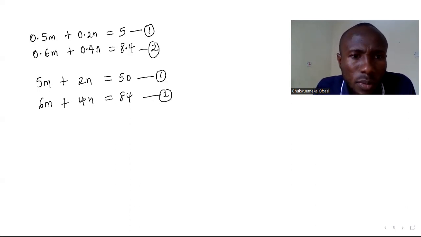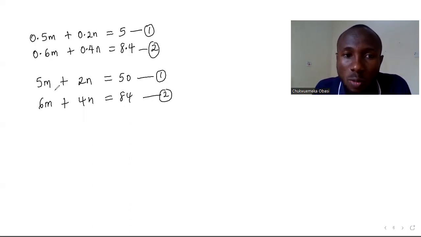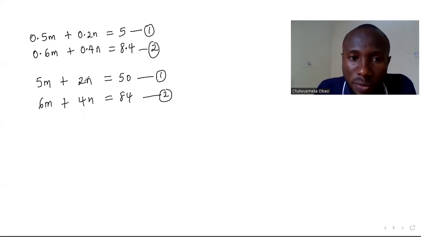So now, let's look at what we can eliminate easily. I would like to eliminate n because I have 2n here and I have 4n here. If I multiply all of these by 2, this becomes 4n. So it's easy for me to eliminate n. You can actually eliminate m too, it all works, but this one is much easier for me. So I would like to multiply equation 1 by 2.